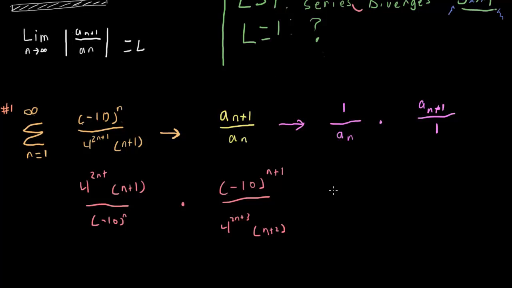And so now we multiply this out, and I'll separate all the terms for you so it's easier to understand. Okay, so we have 4 to the n plus 1 at the top right here, times n plus 1, and then times, of course, negative 10 to the n plus 1.